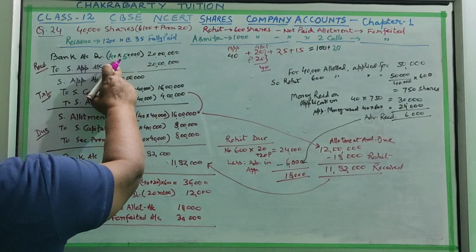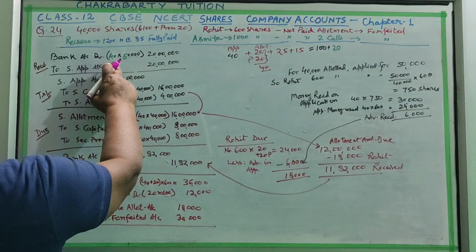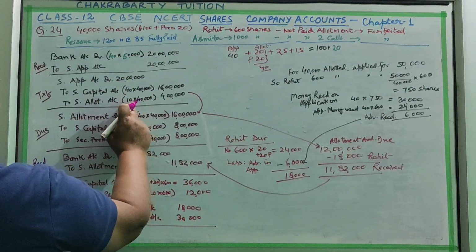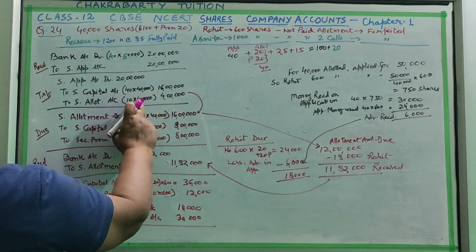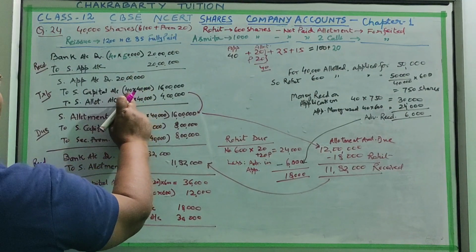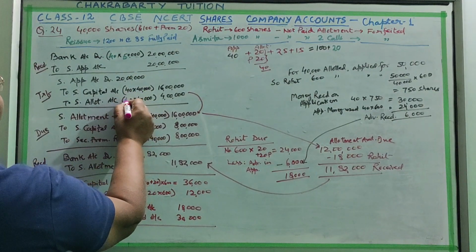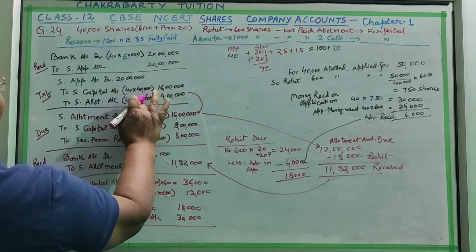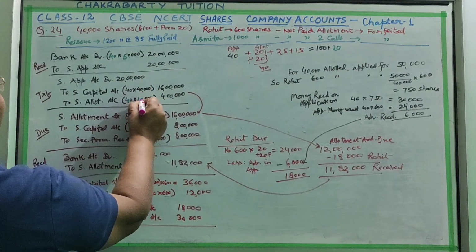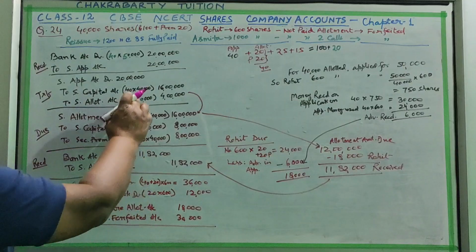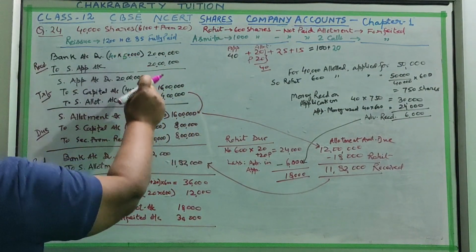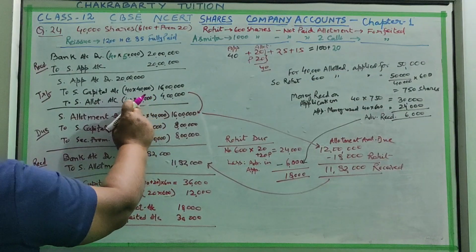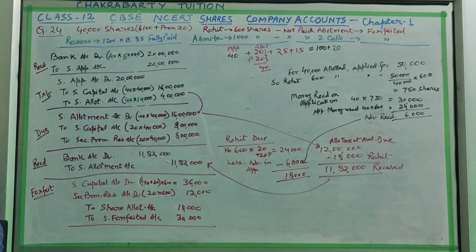At the rate of 40 on 10,000 shares, you have received 4 lakhs.